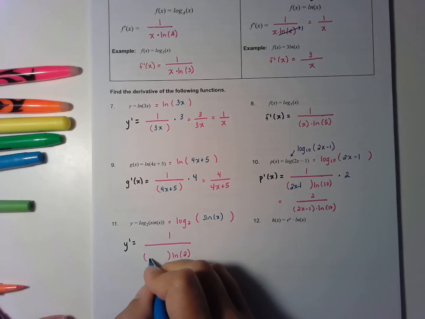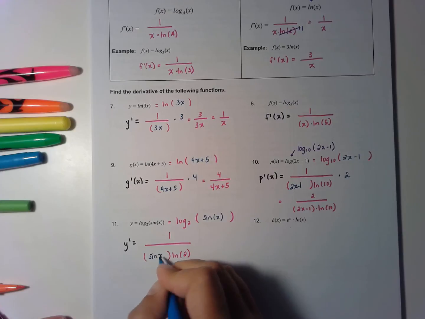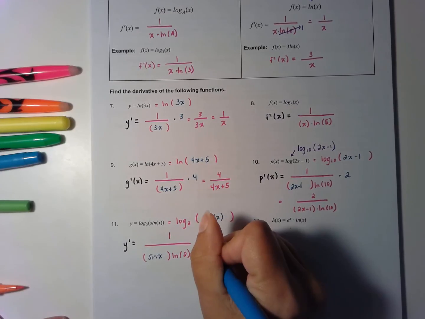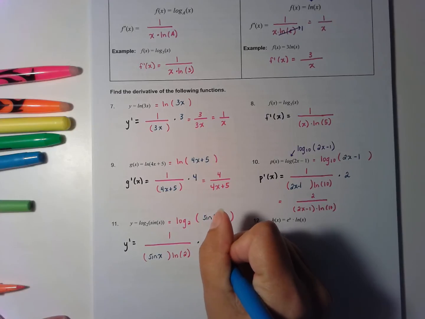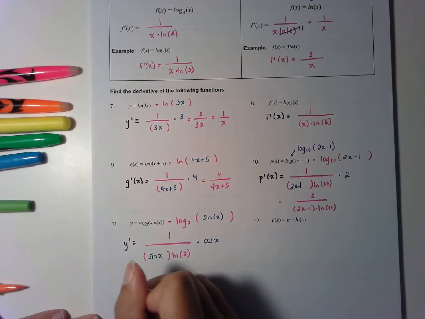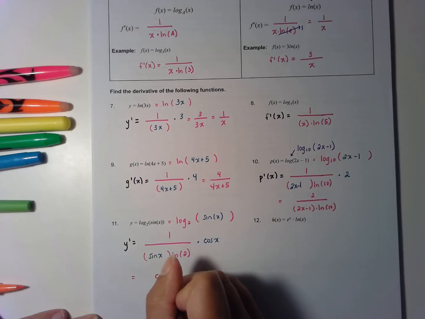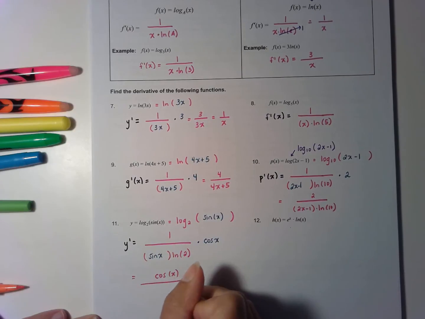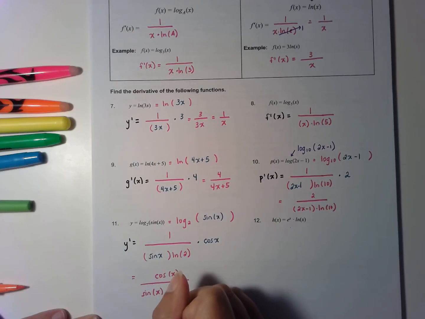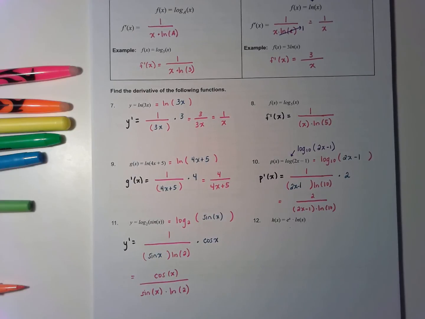And the stuff here is just sine of x. Then the chain rule says multiply by the derivative of the inside, which would be cosine of x, which means we could simplify this by writing cosine of x on the top over sine of x on the bottom times the natural log of 2.